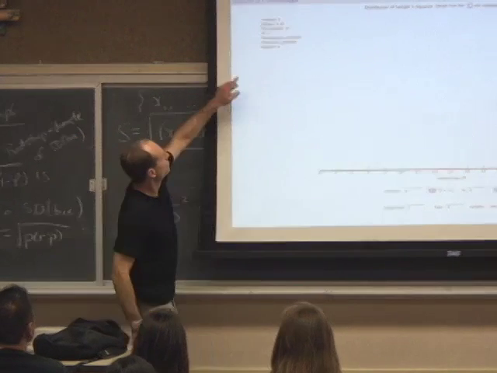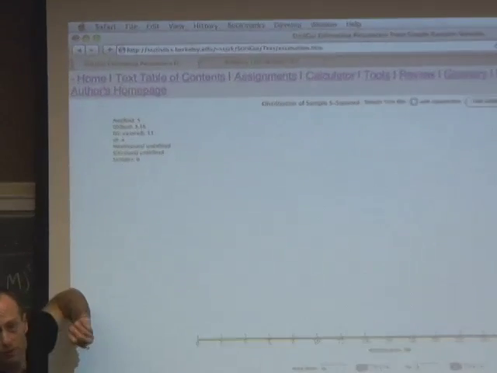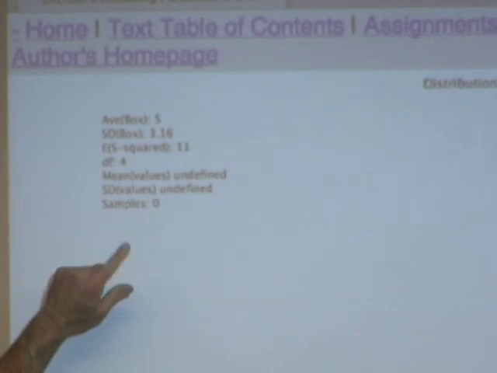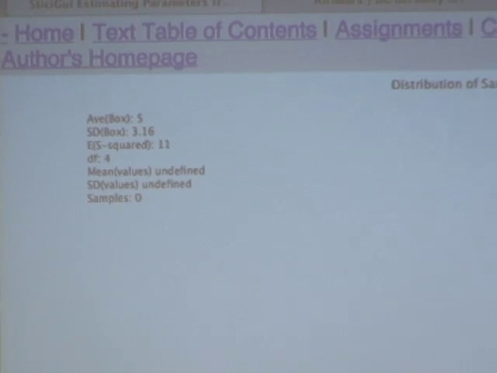the square of the SD of the box. So the SD of the box is 3.16. The square of the SD of the box is 3.16 squared, which is about 10. Let's start by drawing with replacement.